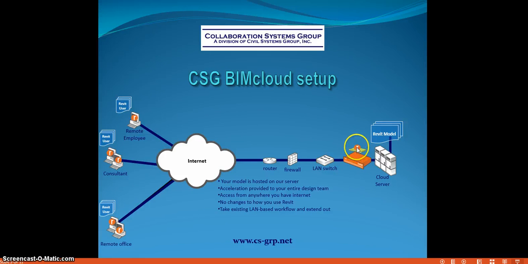Each user on the project gets a license of Steelhead Mobile. This is a software client, sits on your machine. We don't install any hardware to your network. It's a software client only. We provide you a VPN connection to your project folder on our server, and the acceleration occurs between your Steelhead Mobile and our Steelhead appliance.